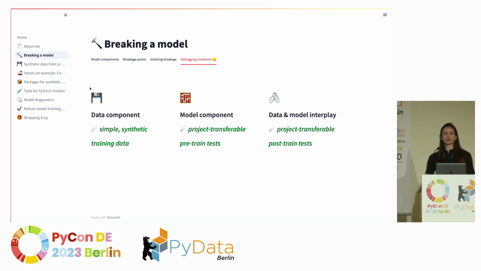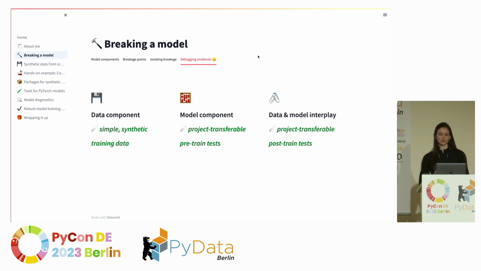So a very good approach is to create some simple synthetic training data. But I think most of you don't usually do this because creating synthetic training data sounds quite bothersome. The second component is our model, and we're going to look a bit at how to create project-transferable pre-train tests to make sure that everything in our model is working the way it should be before even starting training.